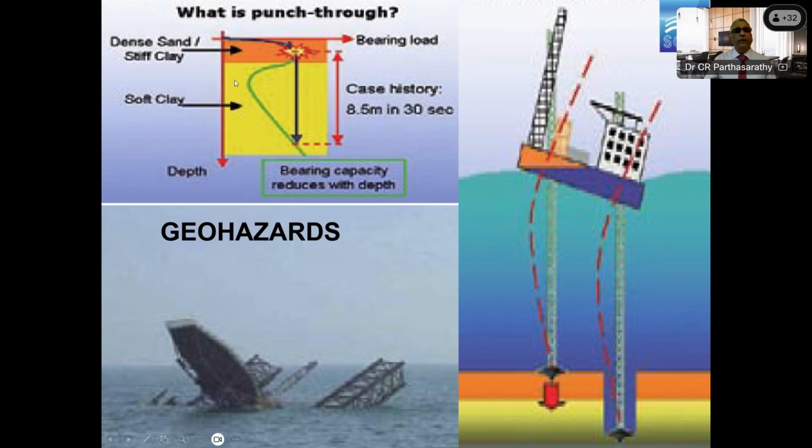and you have a weak layer below that. So when the rig comes to a location and the hull is raised out of water, these crustal layers will break and the legs will punch through and have a rapid leg penetration.